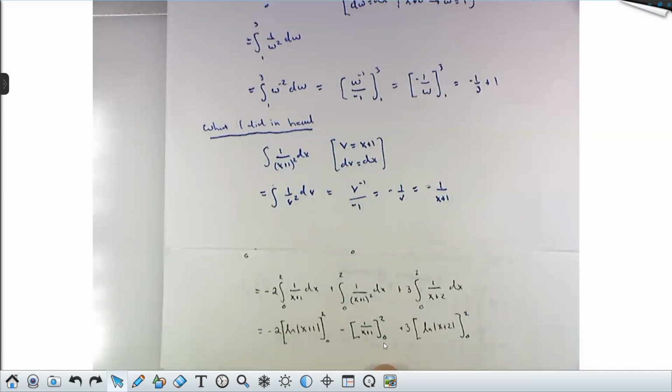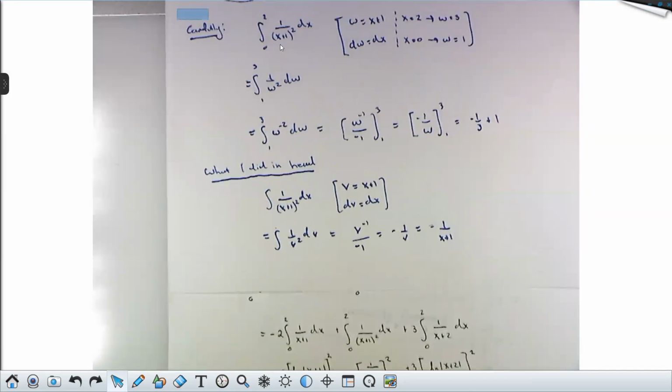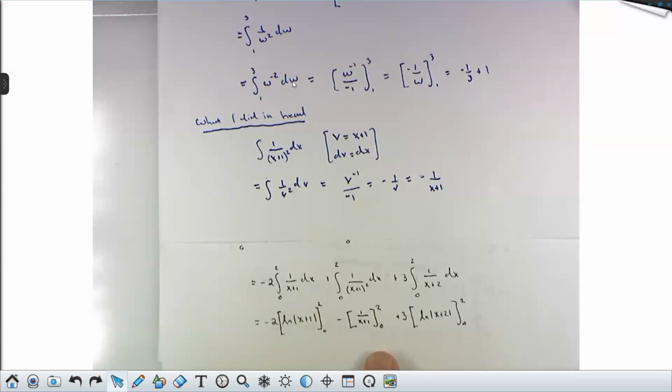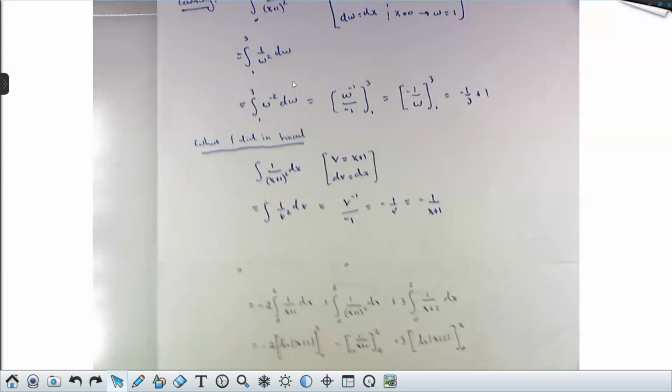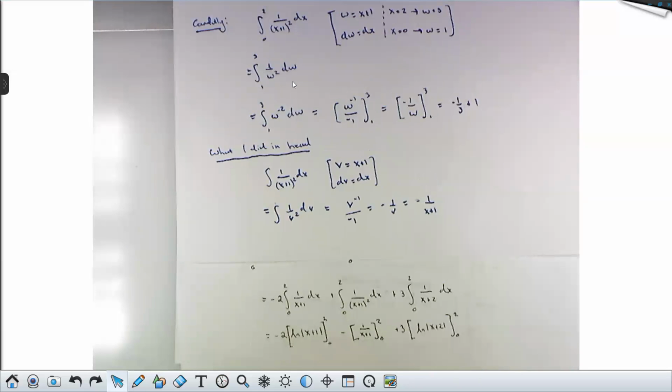If you're uncomfortable doing that much in your head, which is totally understandable, this is how you do it carefully. If you're going to write out the substitution and actually write the substituted integral, you do need to change the bounds. But if you can just jump straight to the antiderivative, then this is okay. So those are good questions. Any other questions so far?